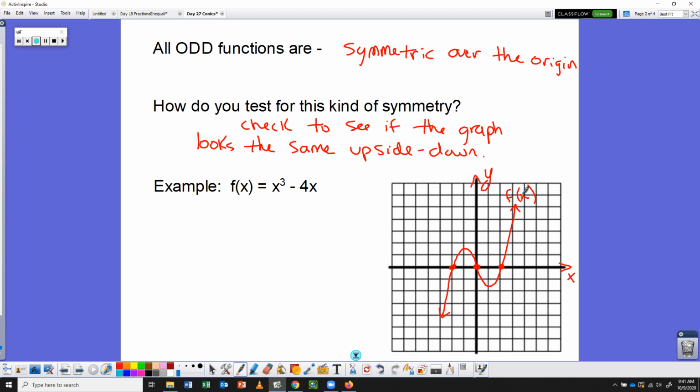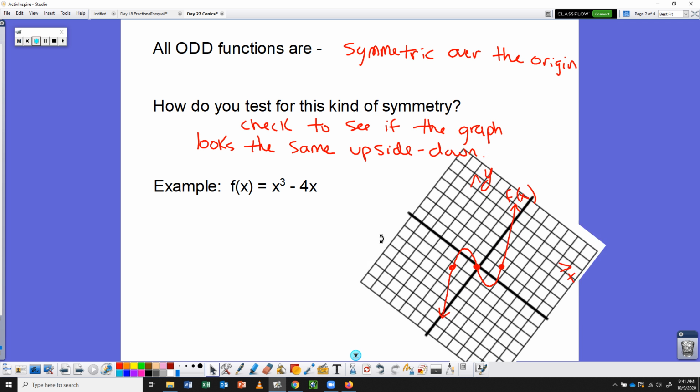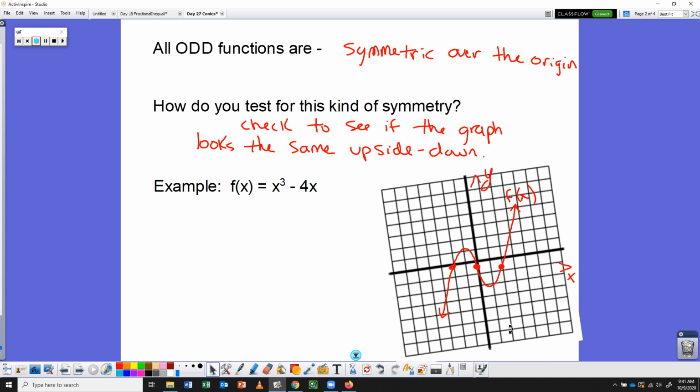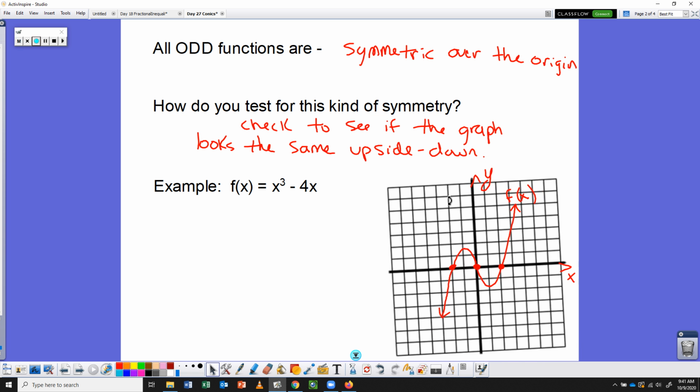And if you were to take your paper and completely rotate it around, 180 degrees, well, that didn't work.